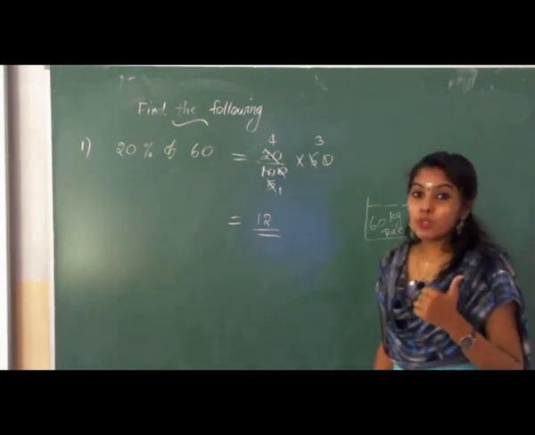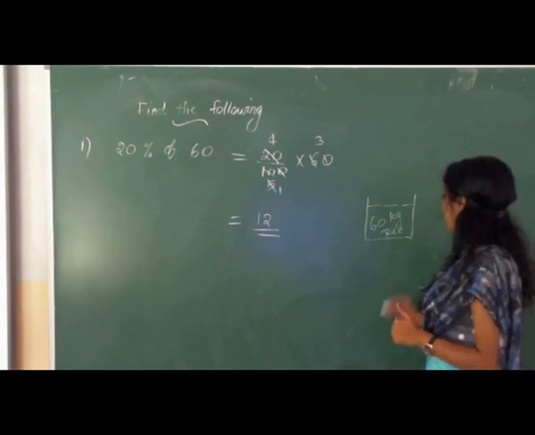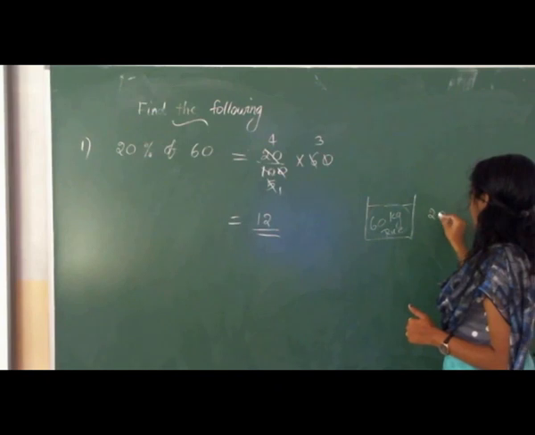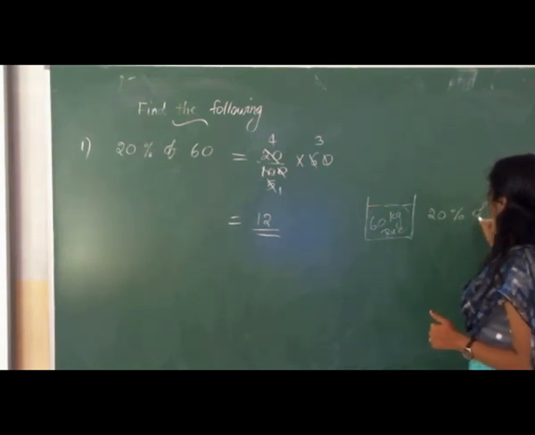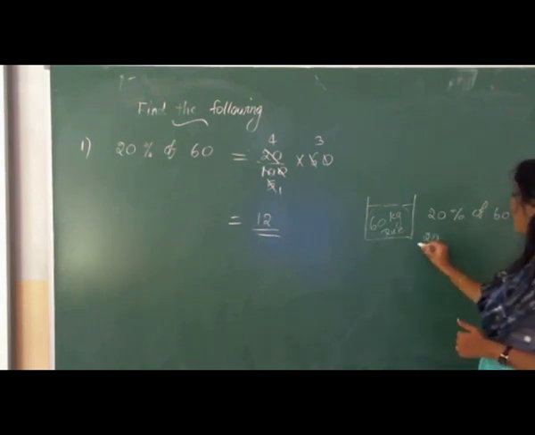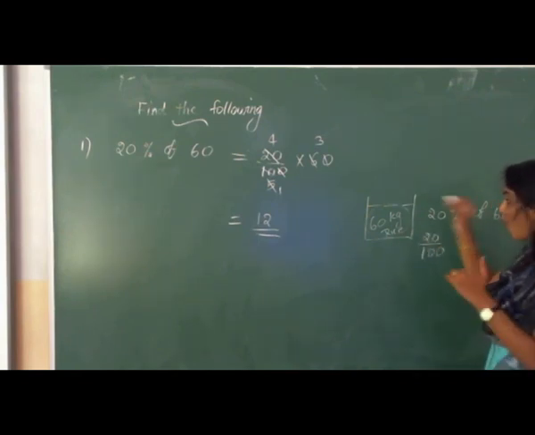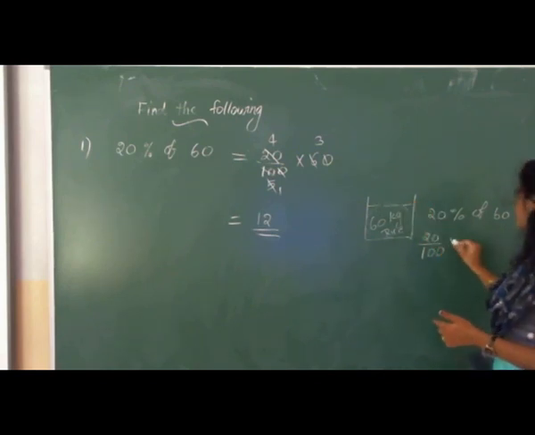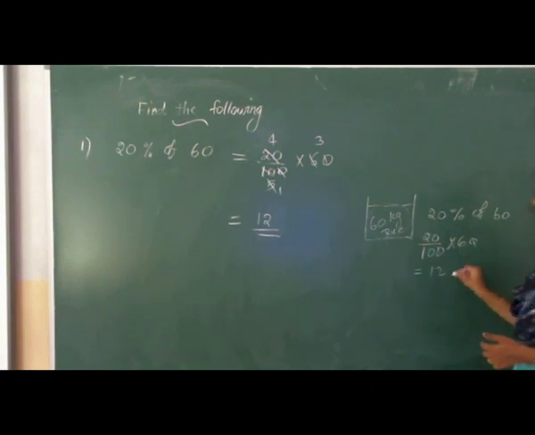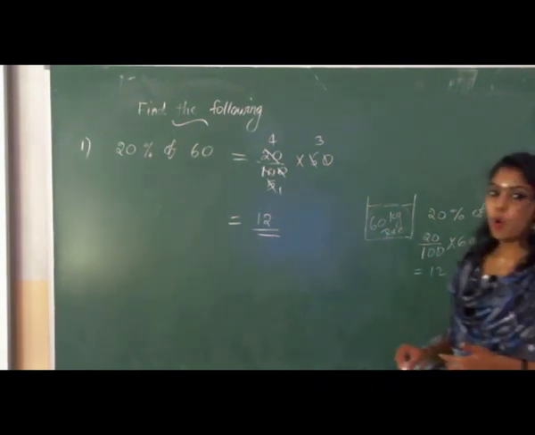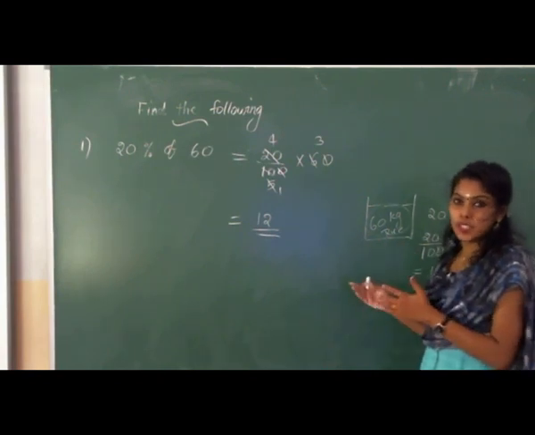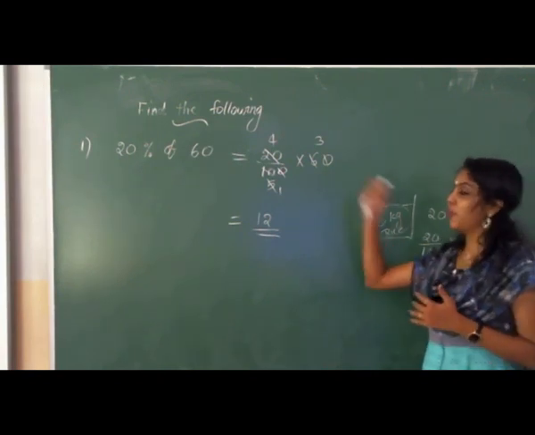What is meant by 20% of the 60? 20% of the 60 means 20 by 100 into 60. Then you will get 12. I hope it's clear what is meant by 20% of 60. This is an example for this problem.